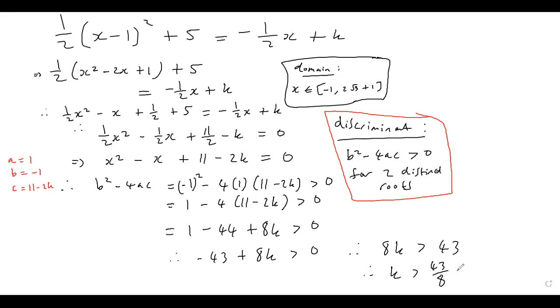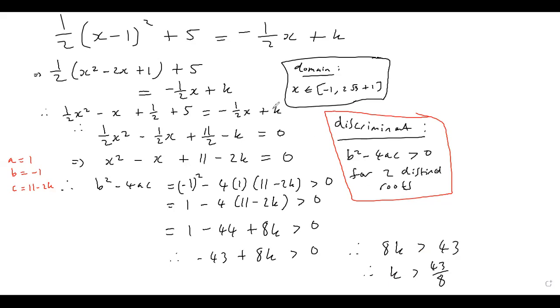43 over 8. Now, again, this is not actually going to be our final answer. If the parametric equations, the curve that we have, this curve C, was defined for all x values, every single x value on the number line, then yeah, k could be bigger than 43 over 8.